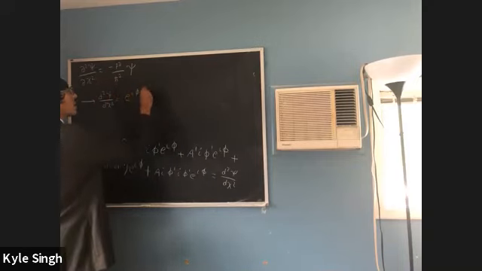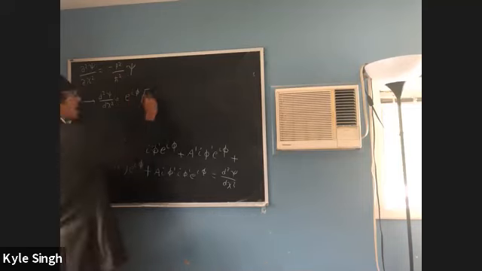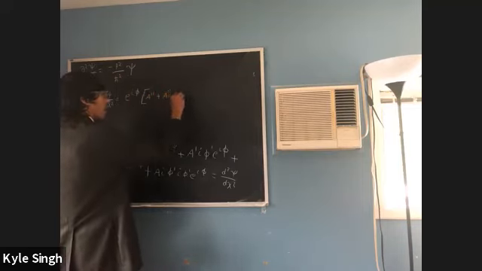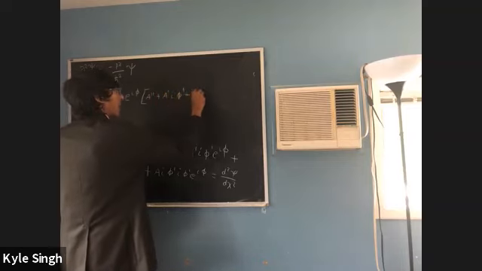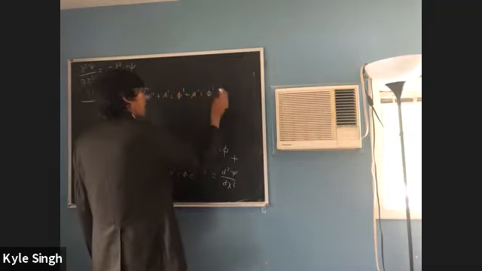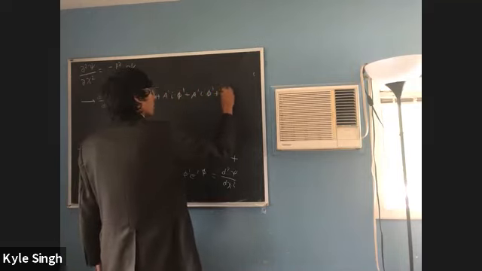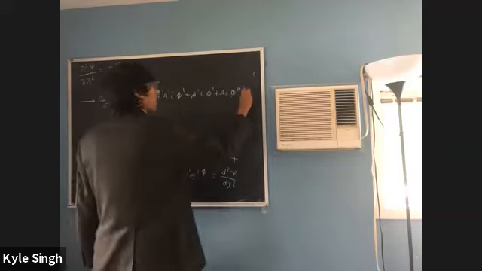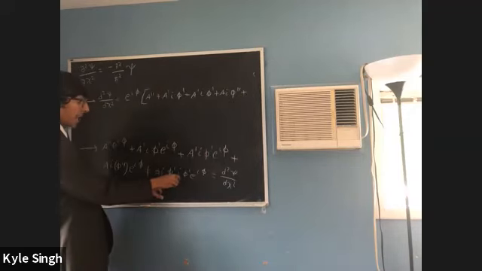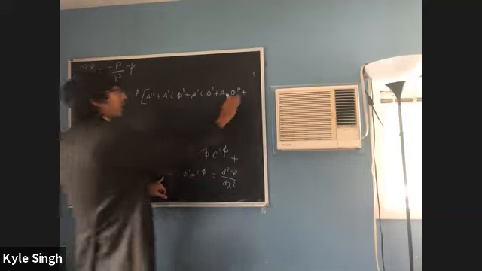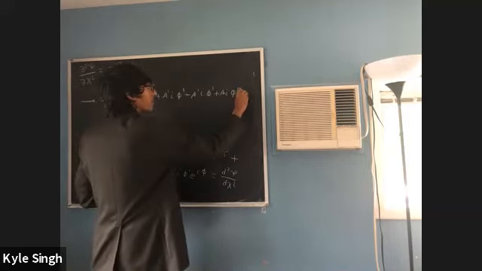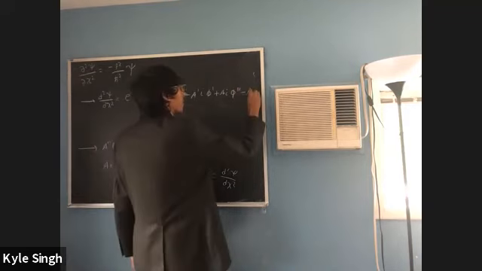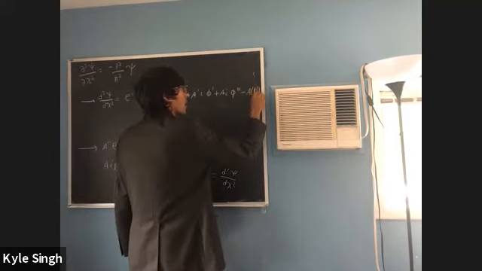I pull this thing out and I get a double prime, plus a prime i phi prime, plus a prime i phi prime, plus a i phi double prime from this thing, plus, so now this is going to become a minus because the two i's give me a minus 1. This is phi prime squared, so I get minus a phi prime squared.